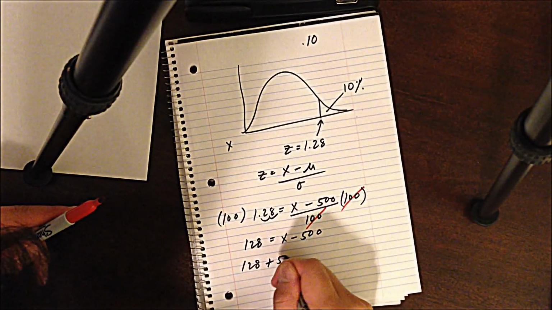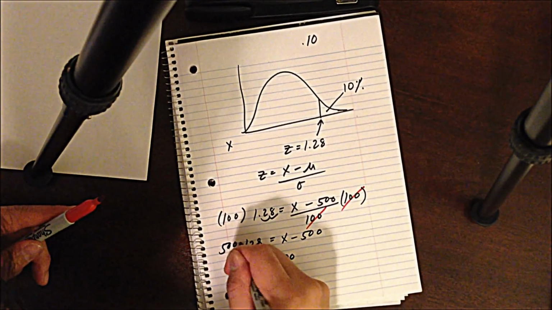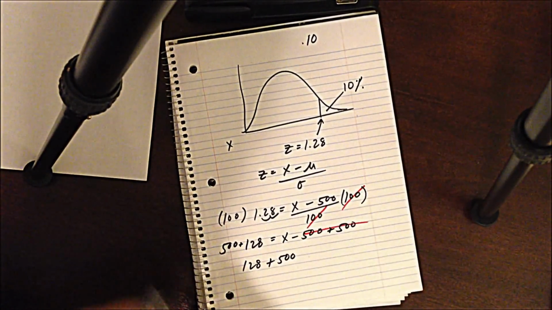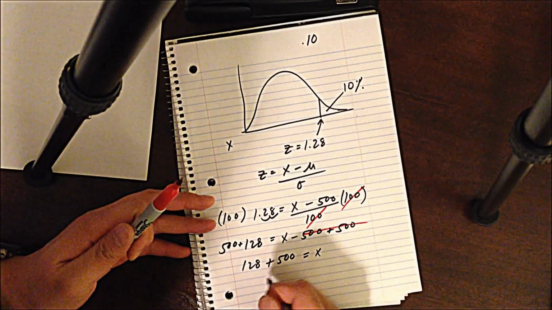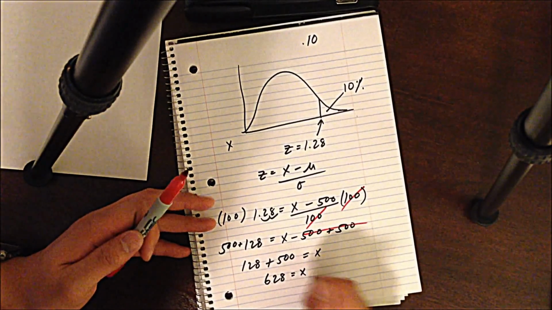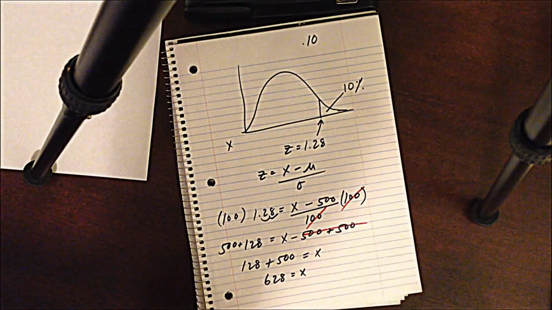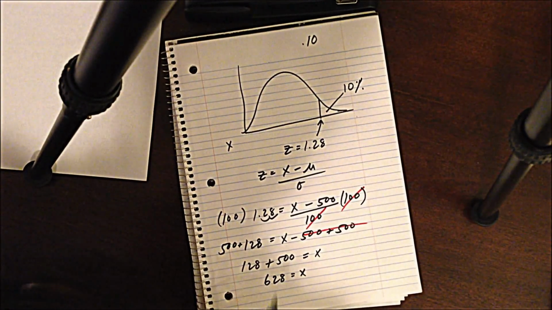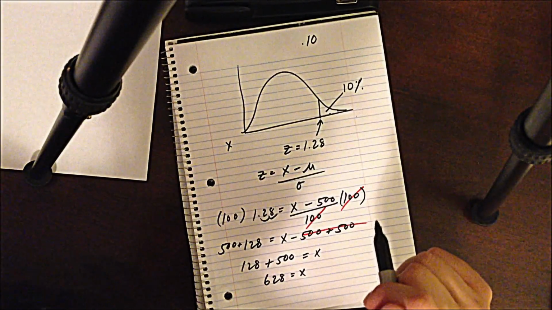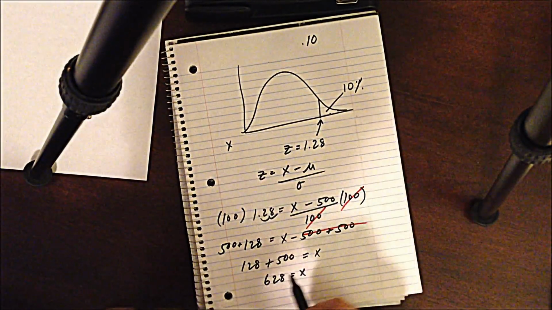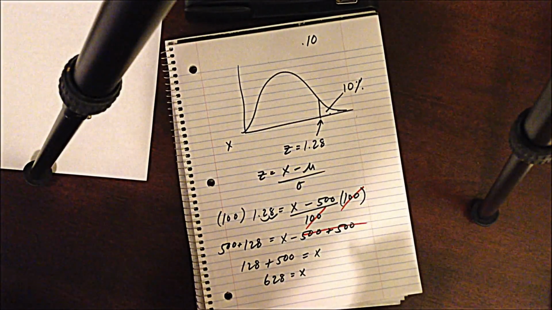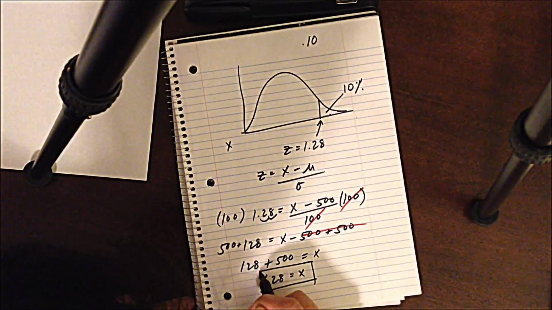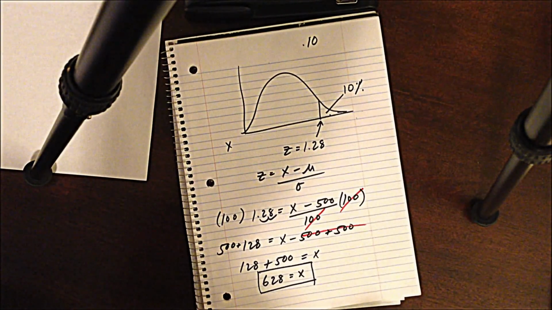We add 500 on both sides, so these cancel out. 628 equals x. So the question asks, what is the minimum SAT score needed to be in the highest 10% of the population? We did all this math, and we found that in order to be in the highest 10% of the population, I need to get a SAT score of at least 628.